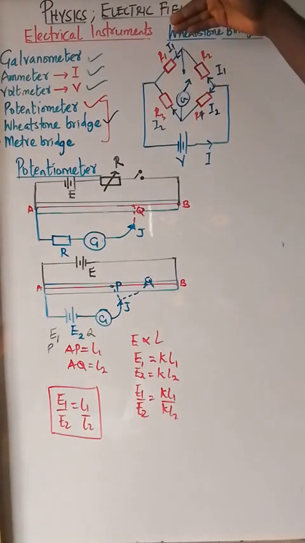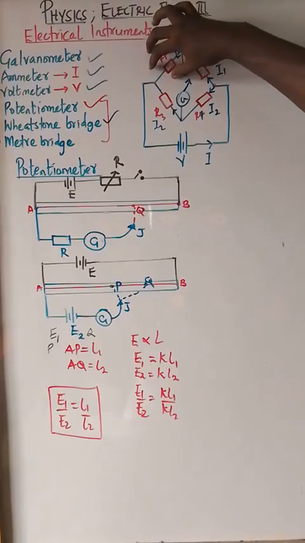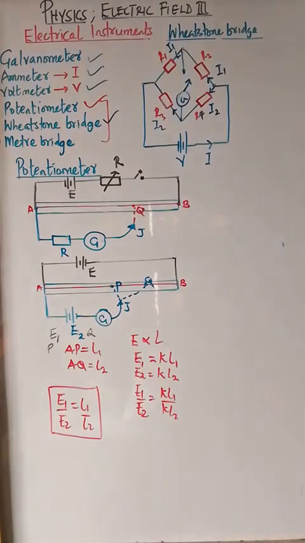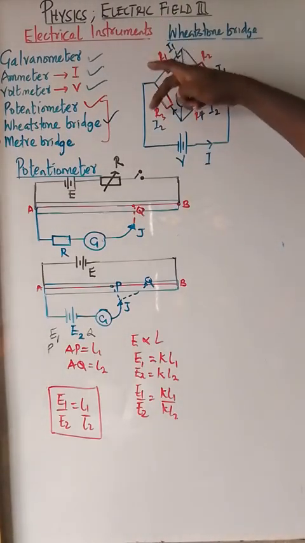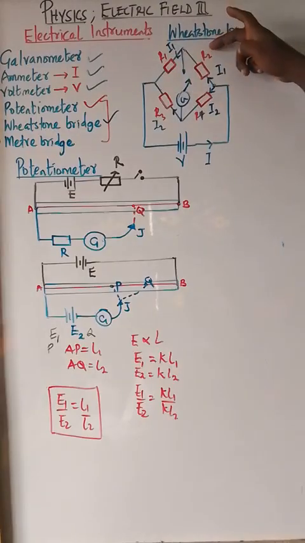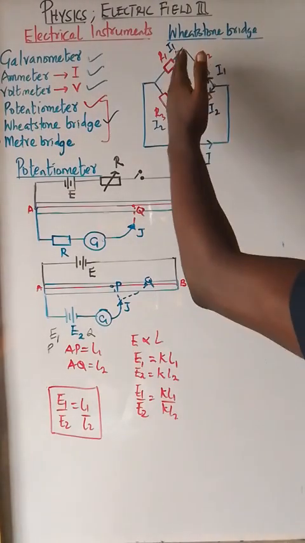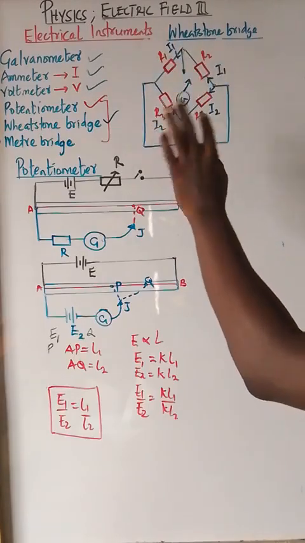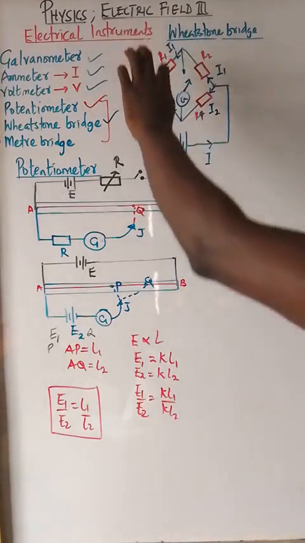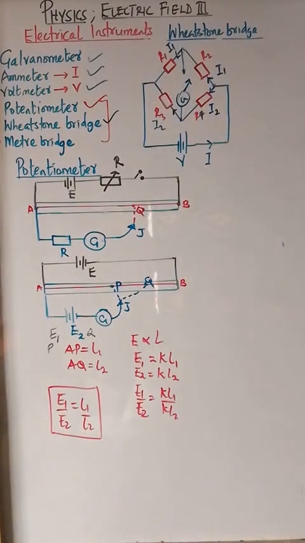In that case, this resistor and this resistor will be at the same potential. It means R1 and R3 will be at the same potential, and R2 and R4 will also be at the same potential. So it means the PD across R1 equals the PD across R3.